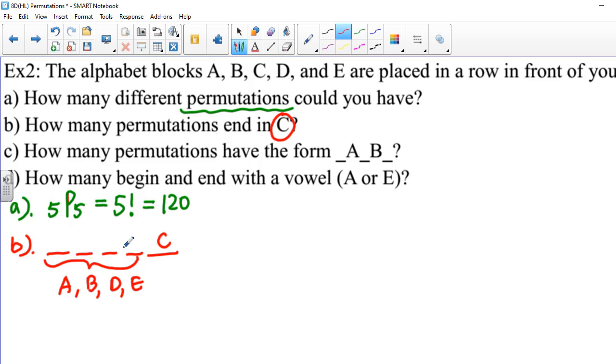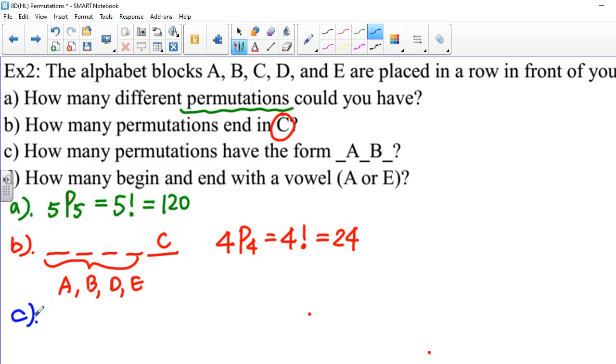How many different ways are there? You can do 4 times 3 times 2 times 1, but if you understand the permutation notation, you can write 4P4 equals 4 factorial instead of 4 times 3 times 2 times 1. 4 factorial, 4P4, equals 24 different ways, 24 permutations ending in C.